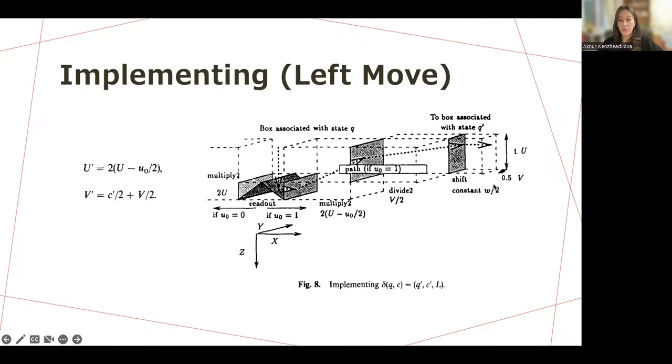And the path that will be taken if the initial one can be 0 can be similarly organized here, and the ray can enter the entrance window for the next state. So this is the physical implementation of these functions, the left move.